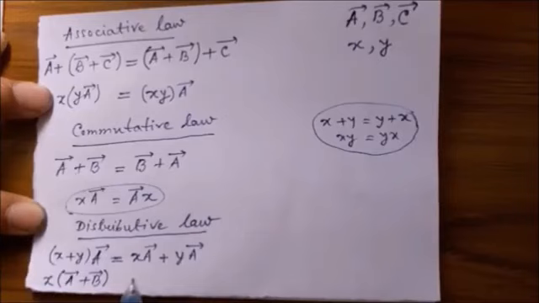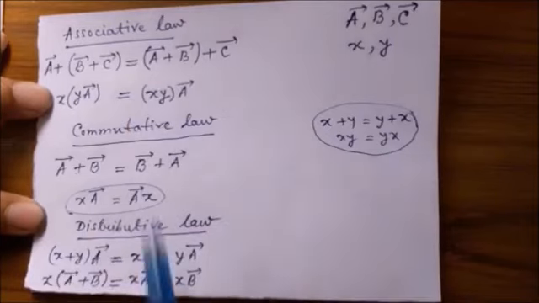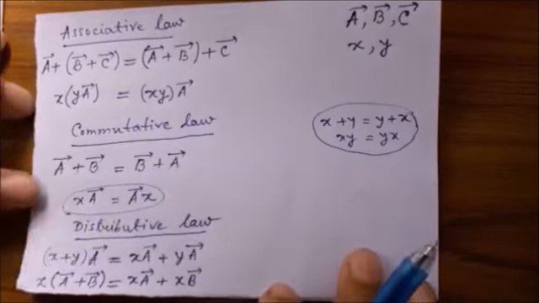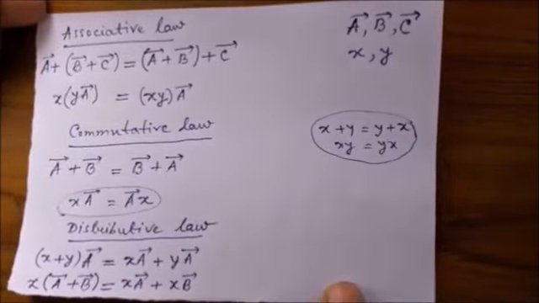Or another way is we can multiply A with x, multiply B with x, add them, and according to this distributive law the two are same. So these are the laws which vectors respect, and we have studied them in details. Let us now consider some examples of vectors.